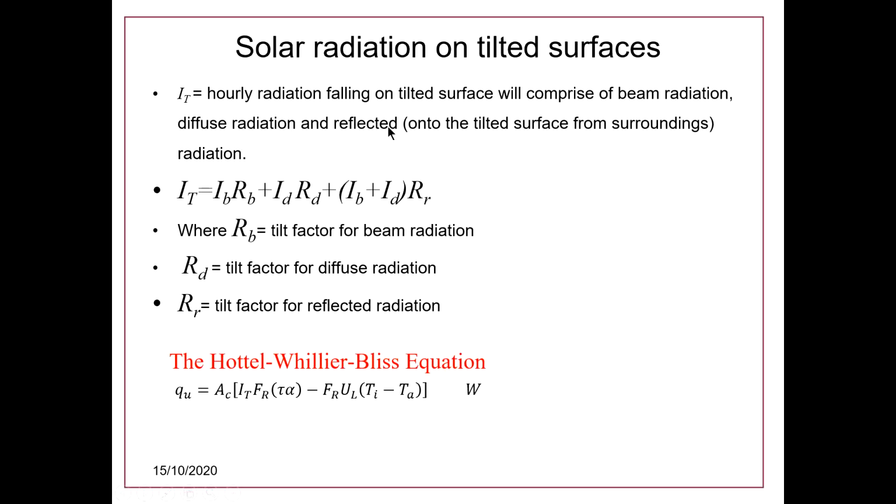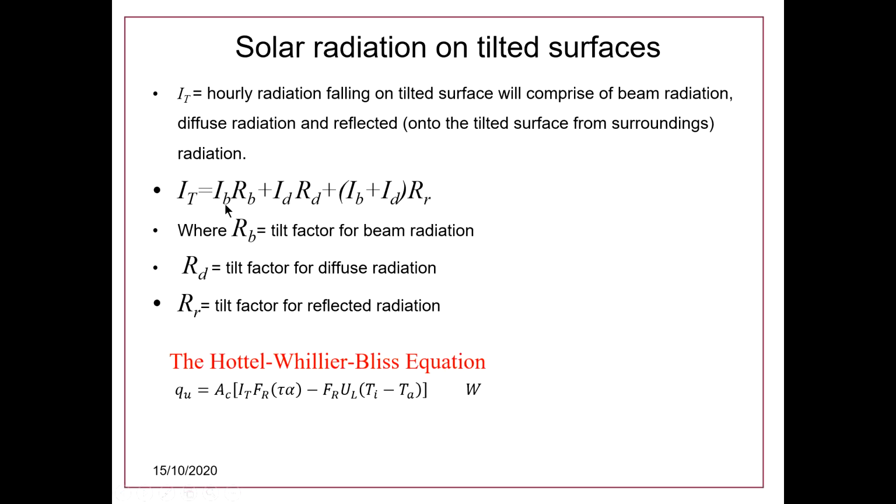IT is the hourly radiation falling on a tilted surface, and this IT comprises beam radiation, diffuse radiation, and reflected radiation. So the expression for evaluation of IT is this: IB RB.